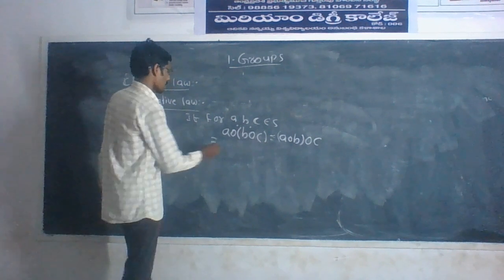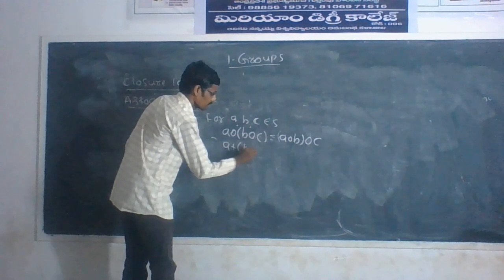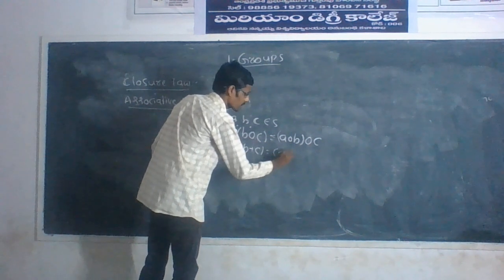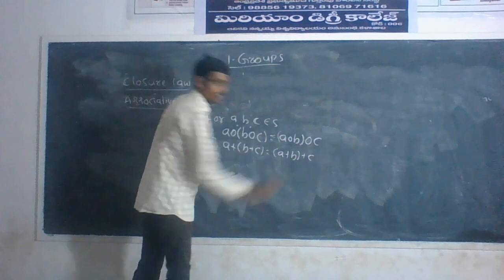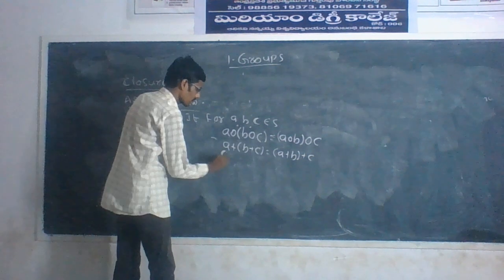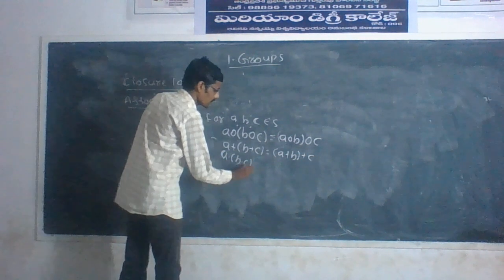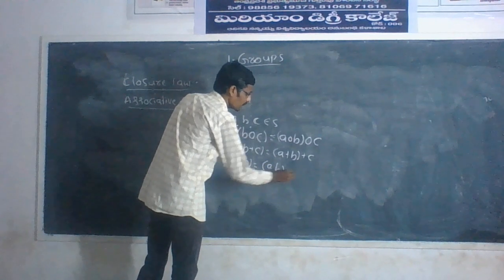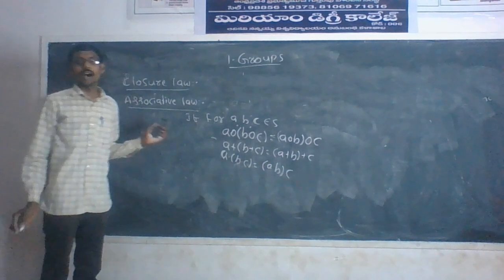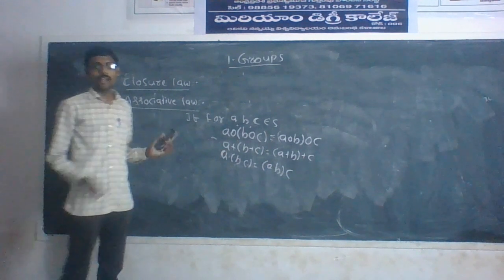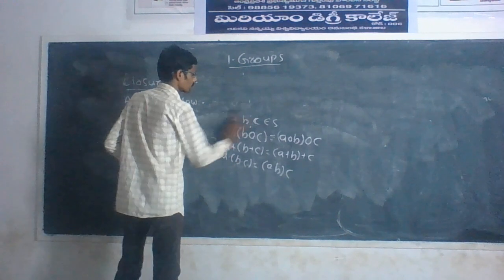In additive notation, (A plus B) plus C is equal to A plus (B plus C). In multiplicative notation, (A into B) into C is equal to A into (B into C). This is called associative law.